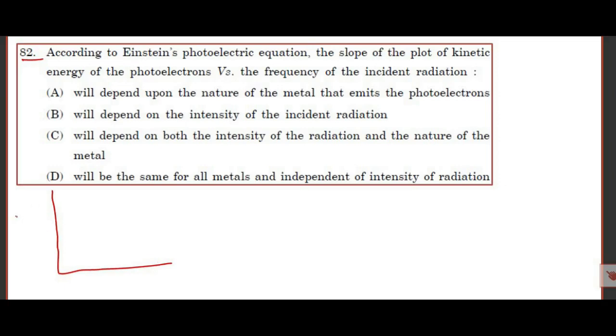What they have given is the kinetic energy taken on the y-axis and the frequency taken on the x-axis. We will get a straight line like this. In Einstein's photoelectric effect, h mu equals W plus kinetic energy, where W is the work function, so KE equals h mu minus W. This equation matches the equation of a straight line, y equals mx plus c.